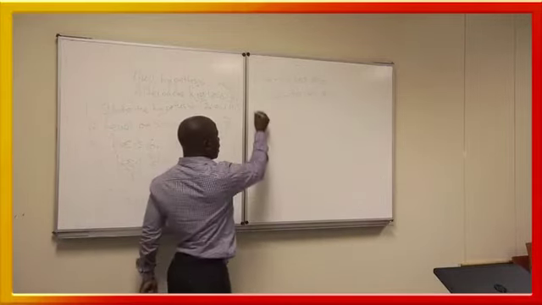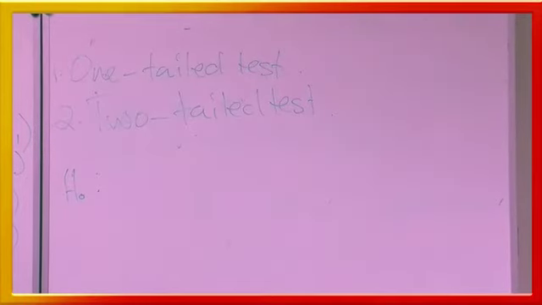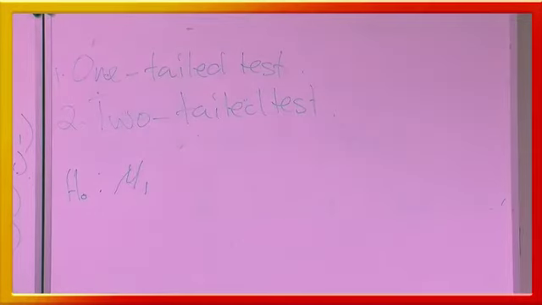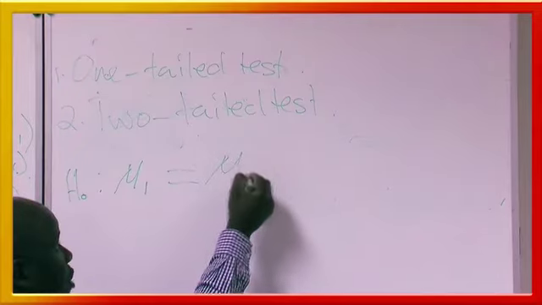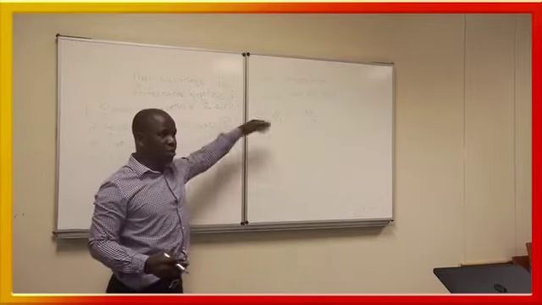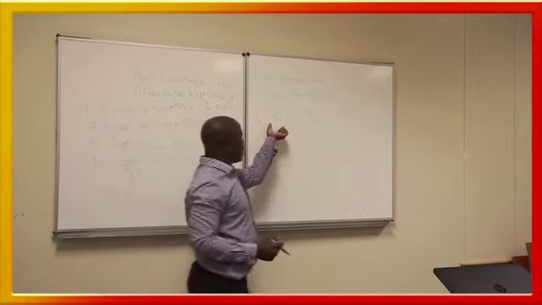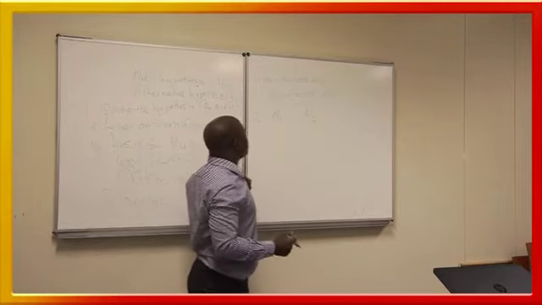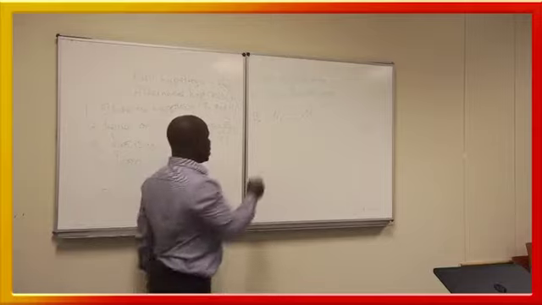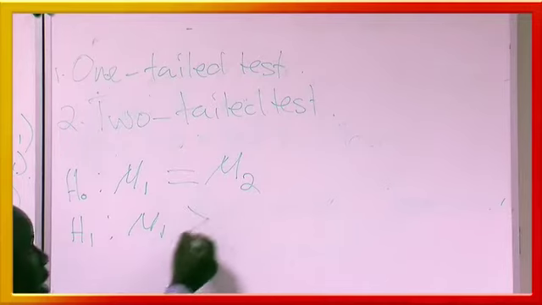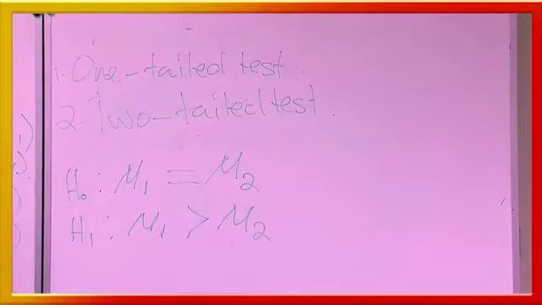The null hypothesis will say H naught. Suppose we claim that the average, which we denote by mu1, is equal to another average which we denote by mu2. Remember, this mu is used to refer to an average. So the average for sample 1, for instance, is the same as the average for sample 2. Now, if it's a one-tailed test, we will have H1: the average mu1 is greater than the average mu2.